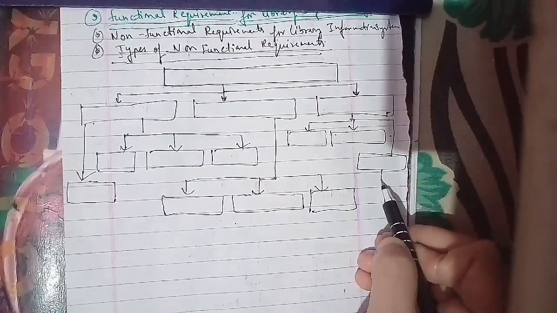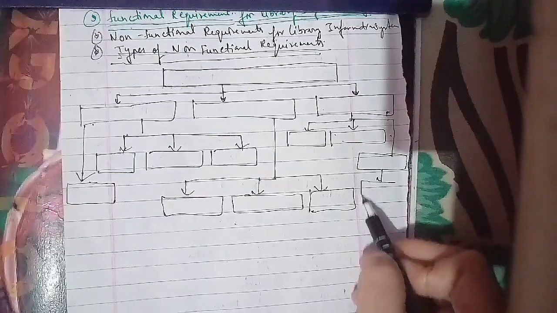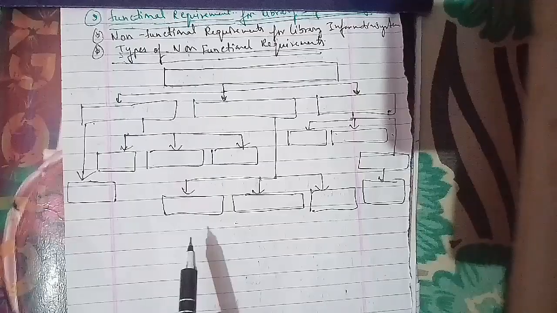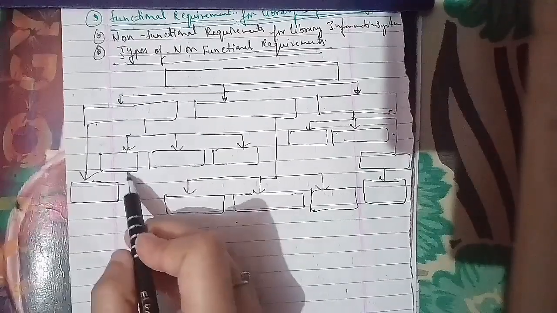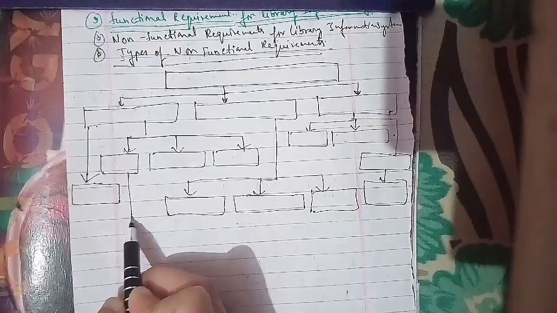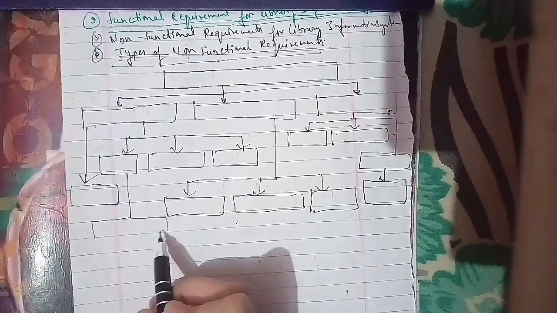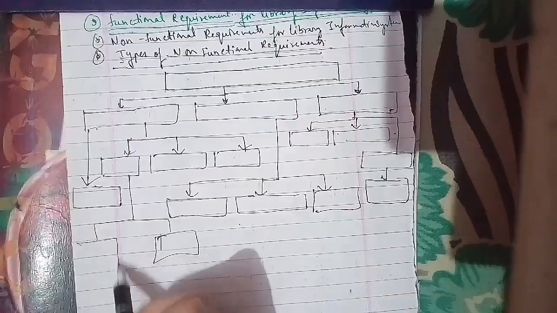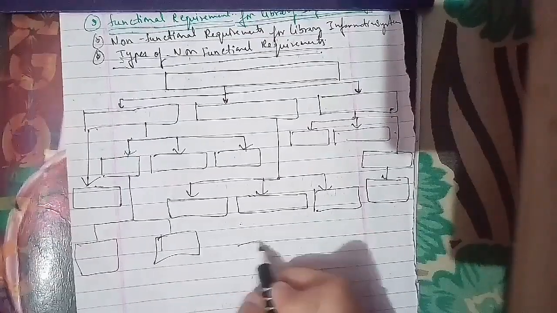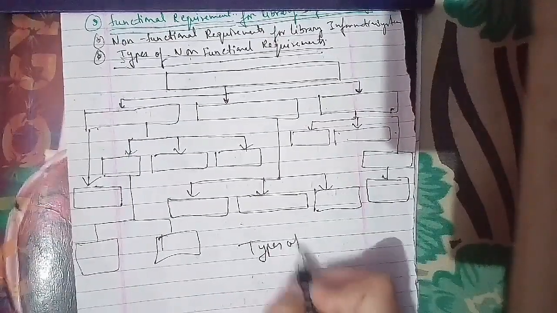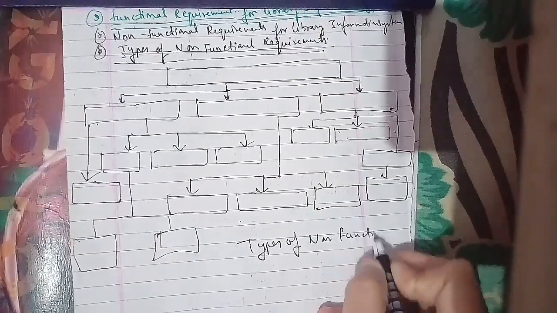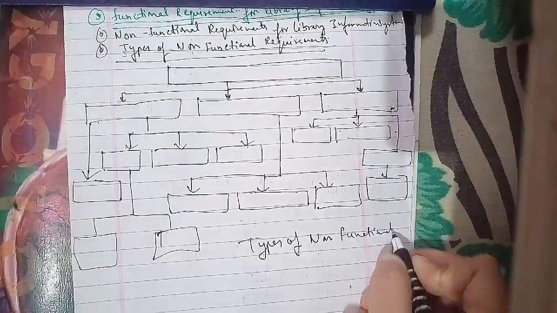I will just let you know what it is all about. This is your types of non-functional requirements. So here, if I'm going ahead with the details, this is your non-functional requirements.